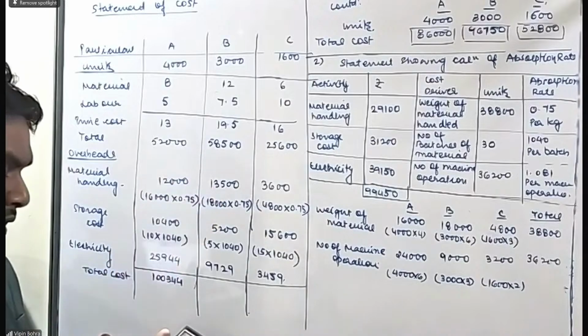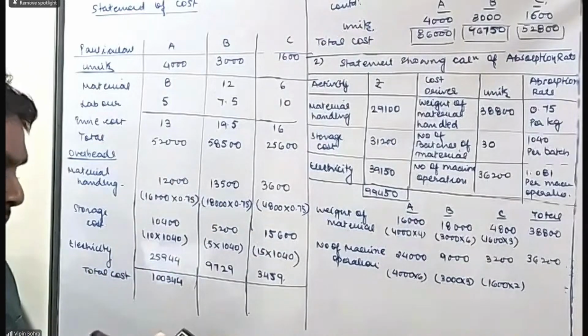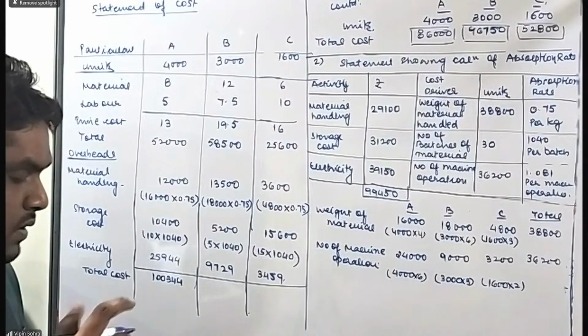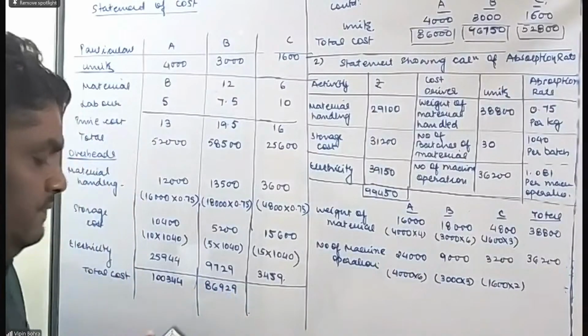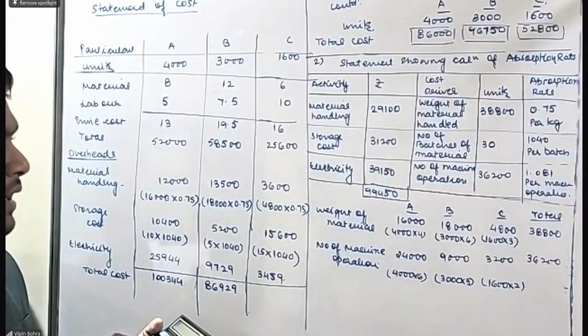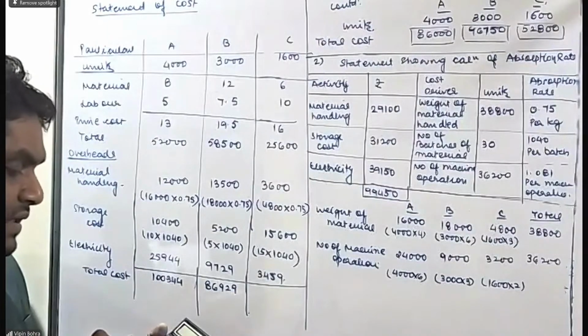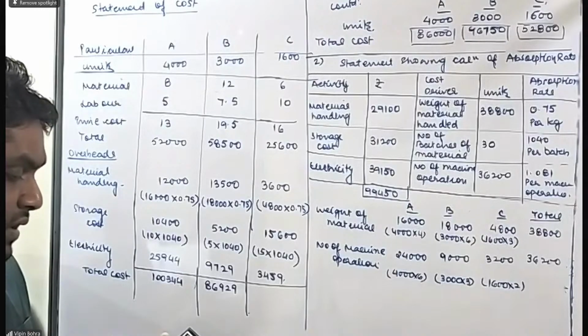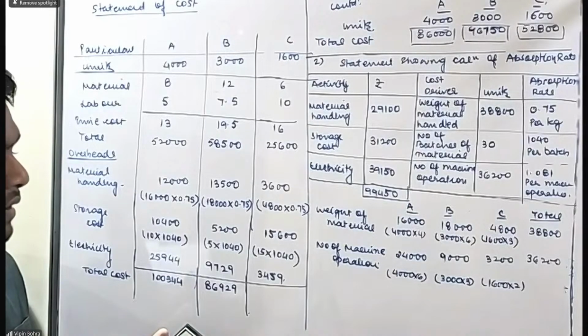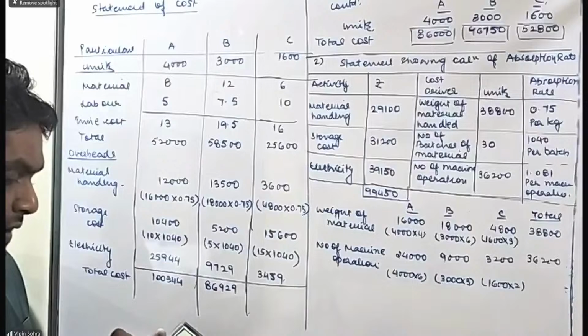So 58,500 plus 13,500 plus 5,200 plus 9,729 will be 86,929. Next is 25,600 plus 3,600 plus 15,600 plus 3,459.